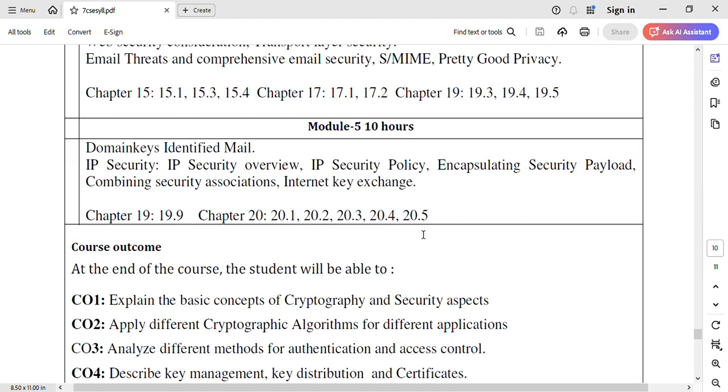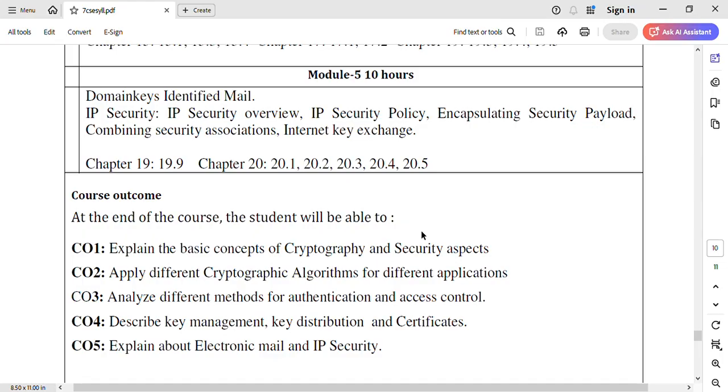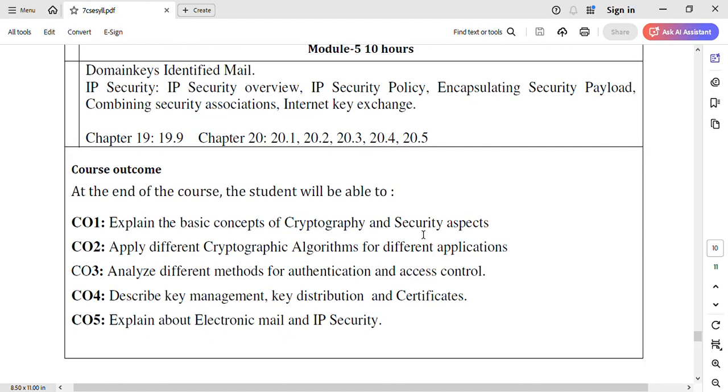Some of the concepts may or may not come under the corresponding modules, so for that reason always refer to the prescribed textbook to score good marks in the examination. Once we have completed all 5 modules, the students will be able to analyze, or we can say these are the course outcomes we are going to generate.